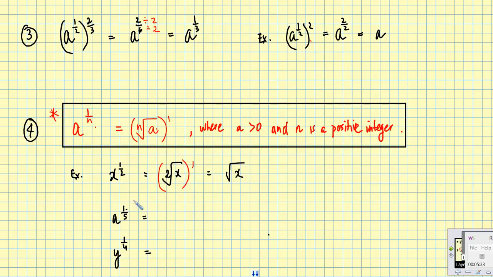If I had a raised to the power of 1/5, that means I'm taking the 5th root of a, which is then raised to the power of 1, and that's just the 5th root of a. If I had y to the power of 1/4, then it would be the 4th root of y, raised to the power of 1, so it's just the 4th root of y.